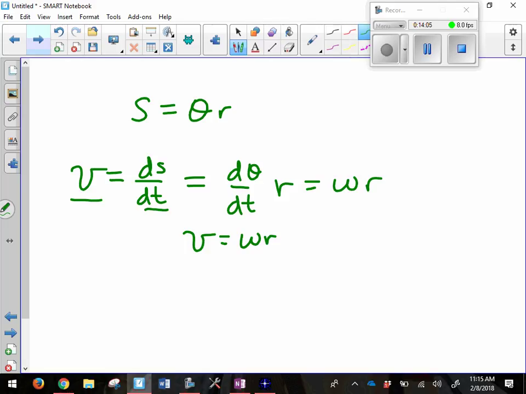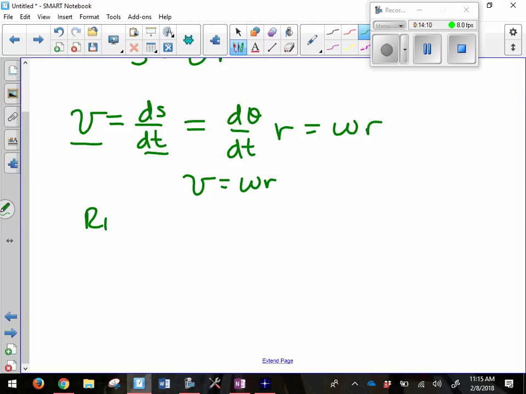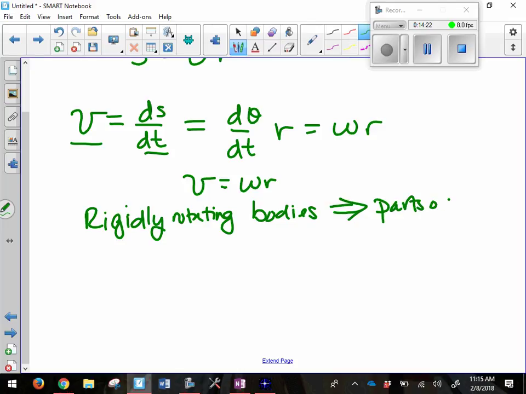Okay. So remember that we are talking about rigidly rotating bodies, which implies that the parts of the body don't move with respect to each other.